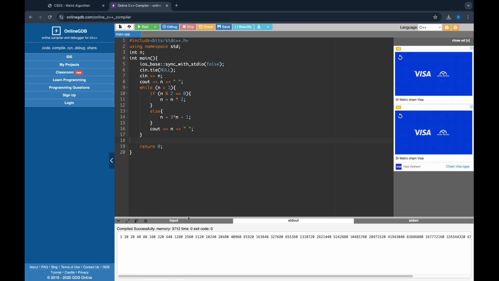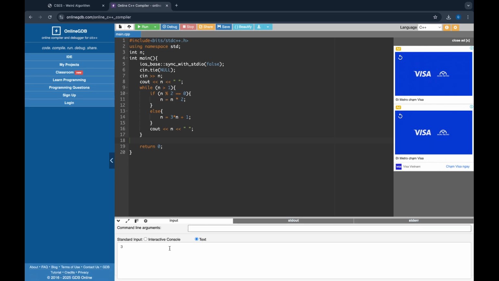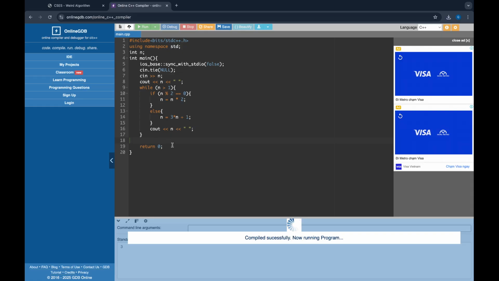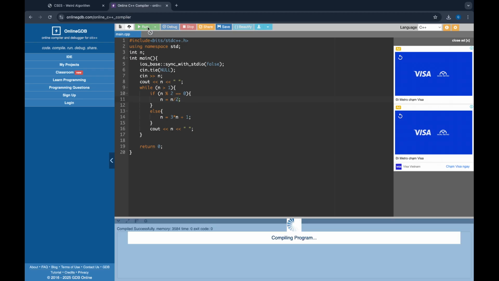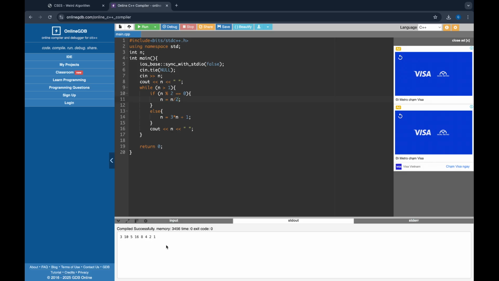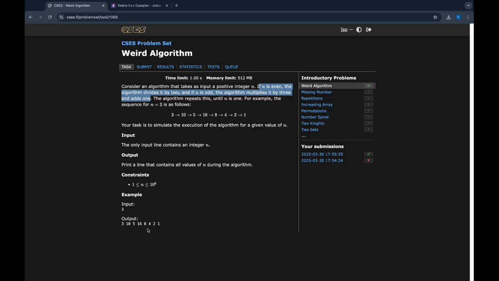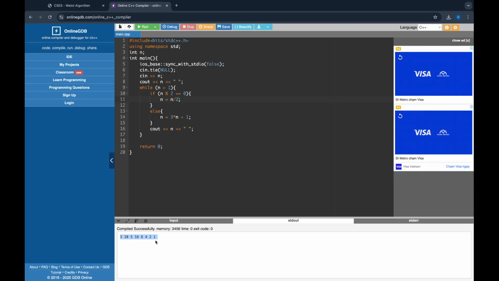Right, I think it is a mistake here. Let's run this again. There's still this? Wait. Oh, we have to divide it by 2. Oh yeah, I'm sorry. So yeah, we got the correct output here: 3, 10, 5, 16, 8, 4, 2, and 1.